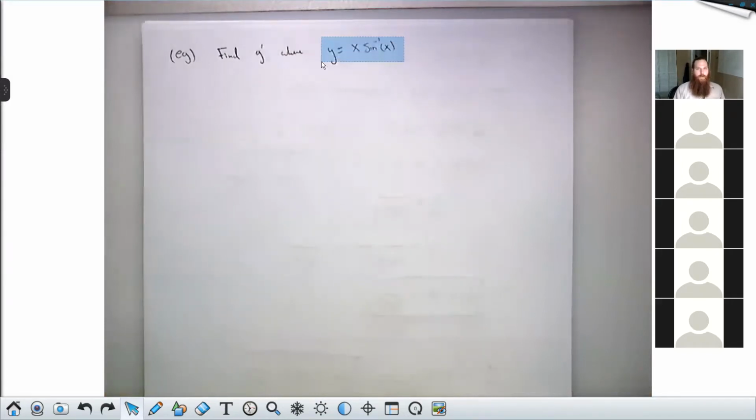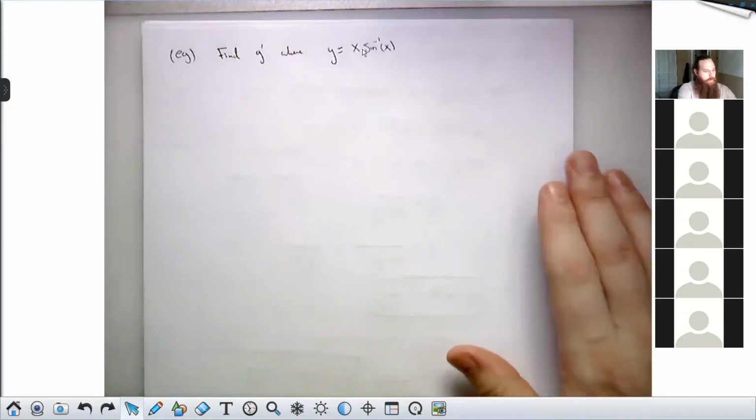This is going to require a product rule. I know the derivative of x, and I know the derivative of the inverse sine of x. So if I want to figure out the derivative of x times the inverse sine of x, that is a product rule thing.